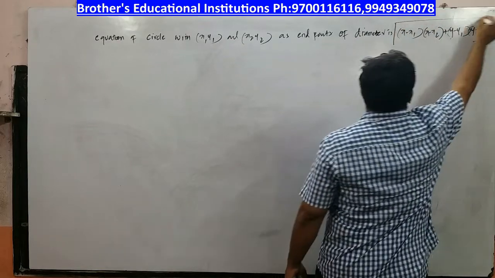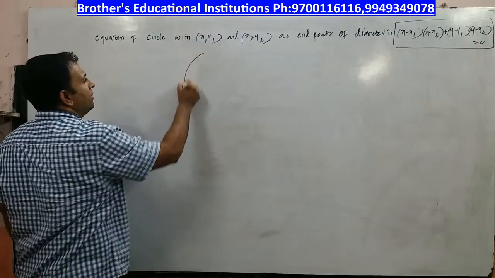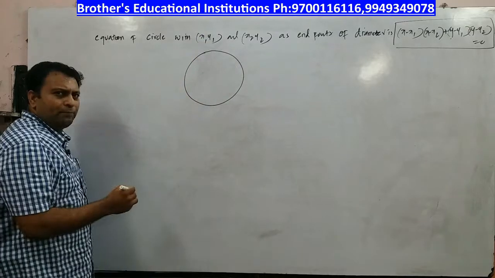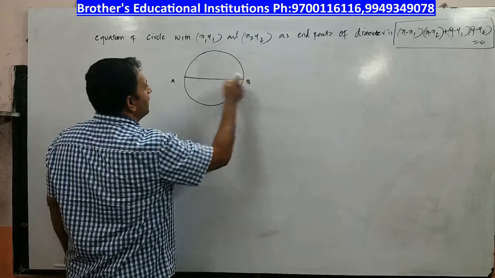Right? What is this? This is the equation of the circle you will find when end points of the diameter are given to you. Say this is a circle. For this circle, these two are the end points and this is the diameter.